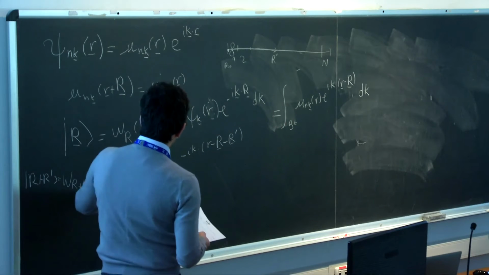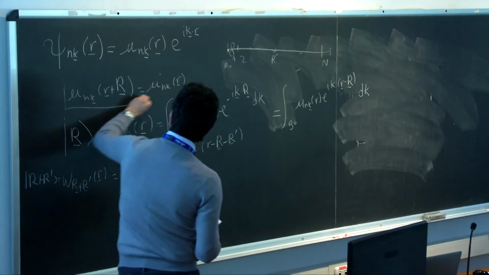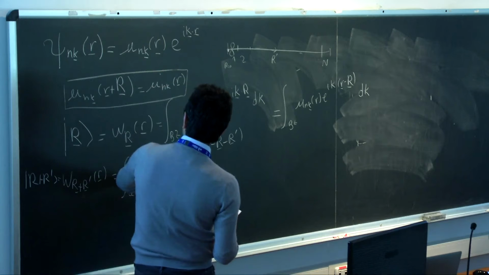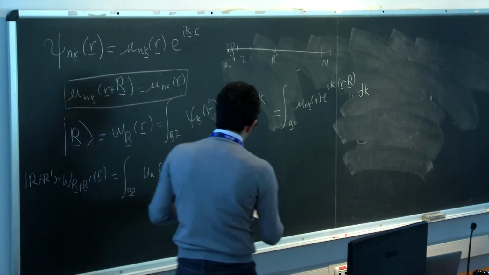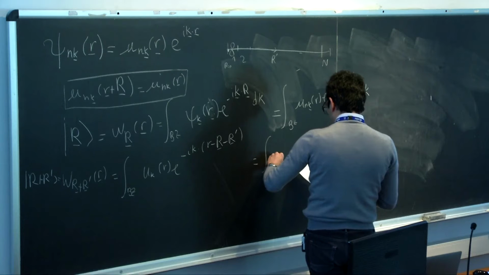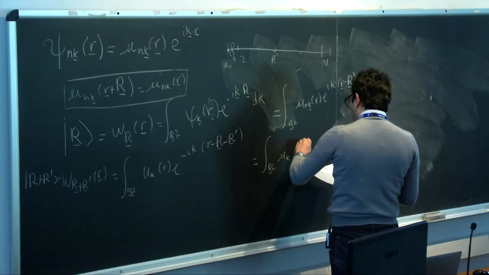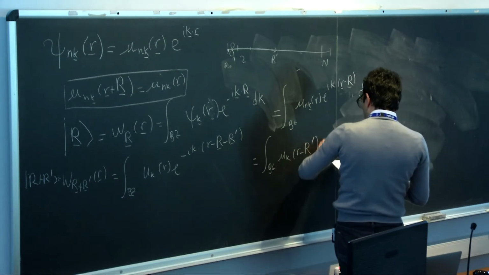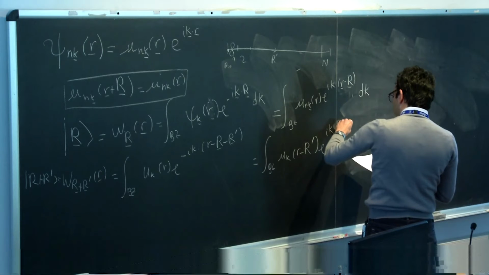Now, what I can use is the fact that u is periodic. So I put here, instead of r, r minus r prime, and I split this. So what I get in the end is just the integral over the BZ, and here I just collect the terms.